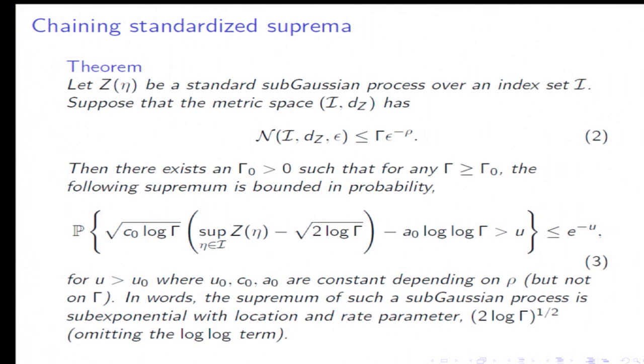Right? And so the idea, we're going to assume that we have a space, which is induced by our Gaussian process. Our space has the following VC-type entropy bound.